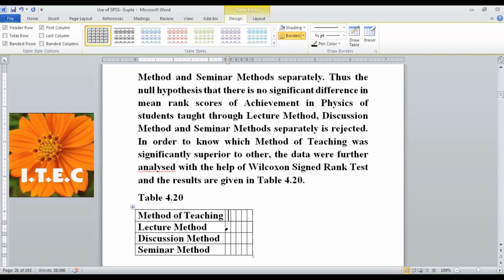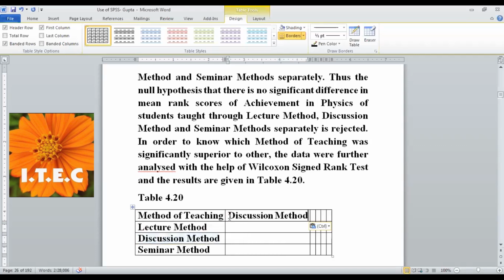And here, if I say discussion method, so lecture method and discussion method, and here if I say seminar method, let us see whether this table will work or not.